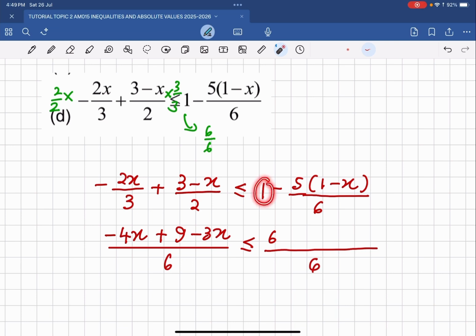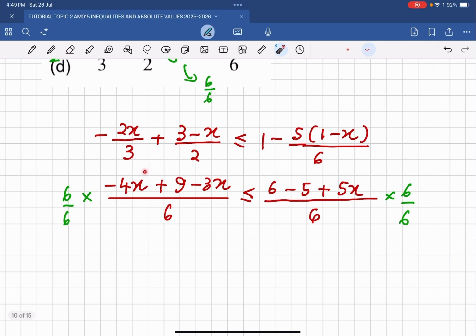So this is 6 over 6. Be careful here, because negative 5 times 1 is negative 5, and negative 5 times negative x is positive 5x. Alright, now what we're going to do is multiply both sides of our inequality by 6, so there are no more fractions.